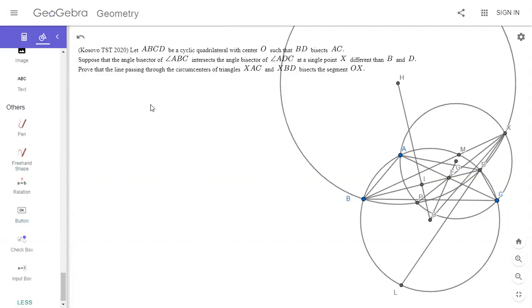Some result in EGMO and Yufei Zhao's handout, OPX is 90 degrees. There's so much stuff going on in this configuration that it just boggles my mind. Okay, so if you have BDLM, Miquel's theorem says the circumcircles of BDX, XML.